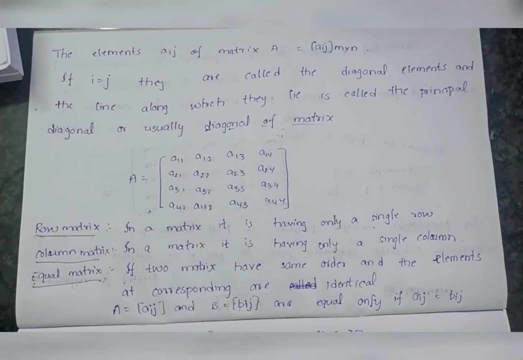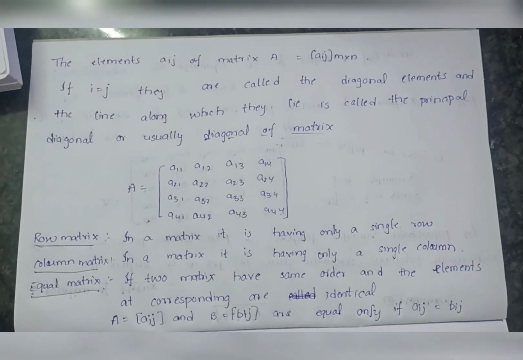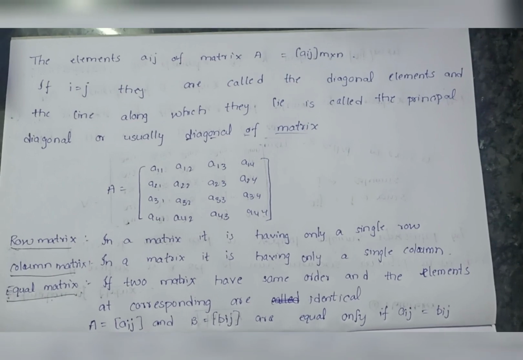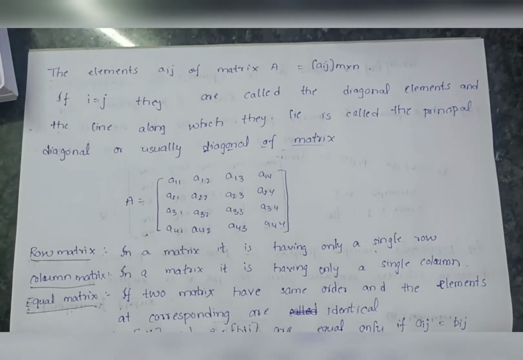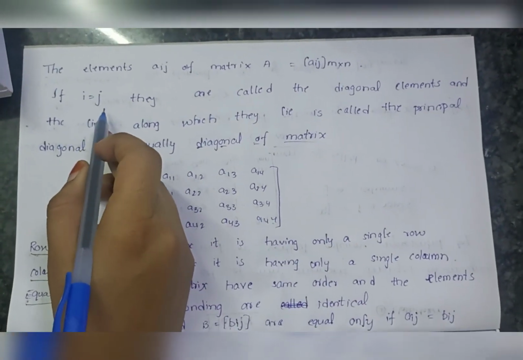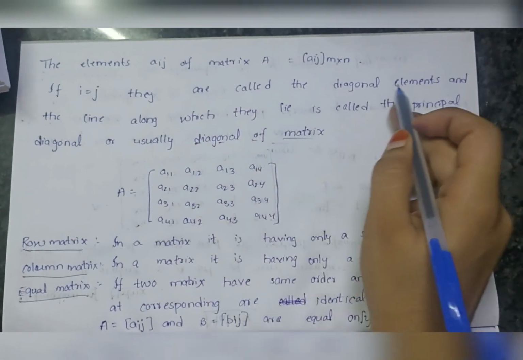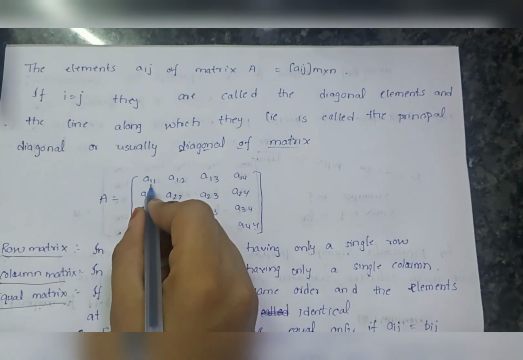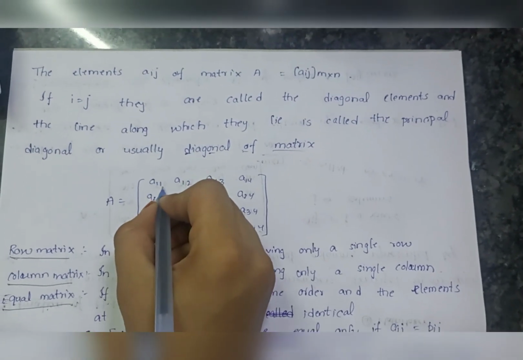Now we are discussing the diagonal of a matrix. The element aij of a matrix A is equal to [aij] m into n. If i is equal to j, they are called diagonal elements. In the example we can see a11, that means i is equal to j.